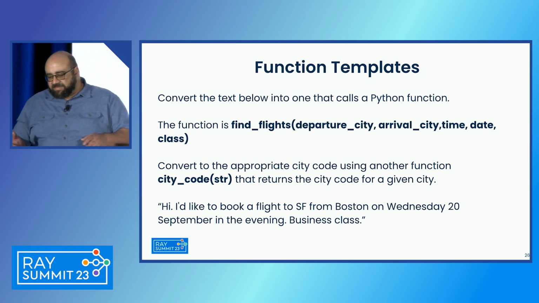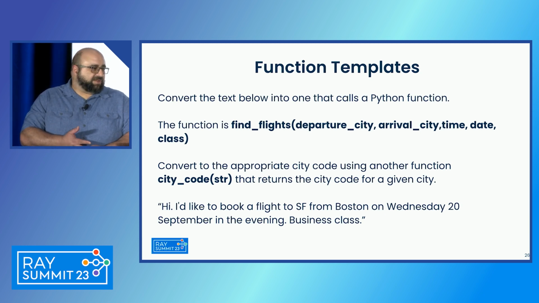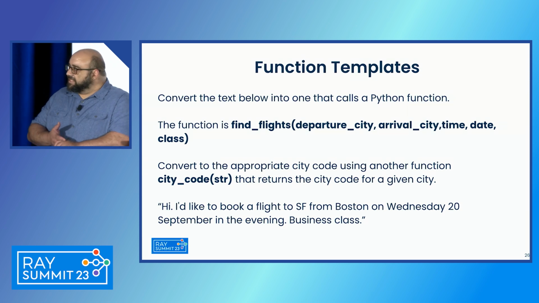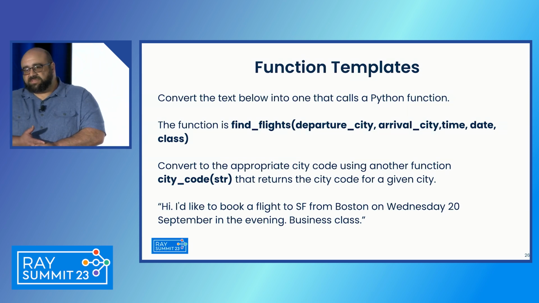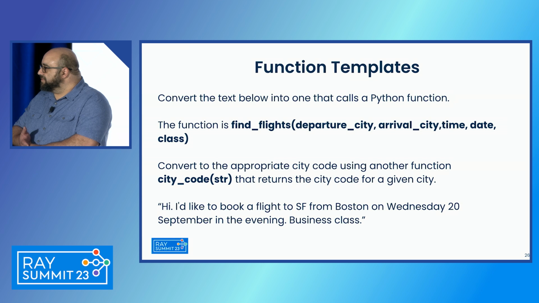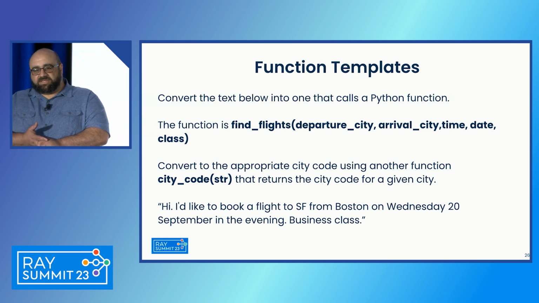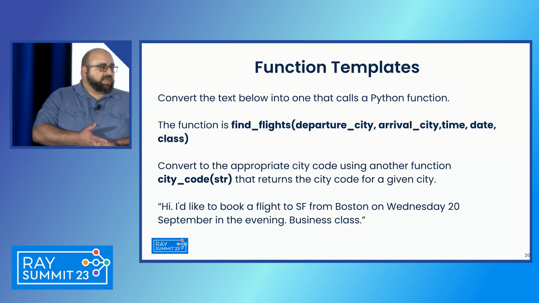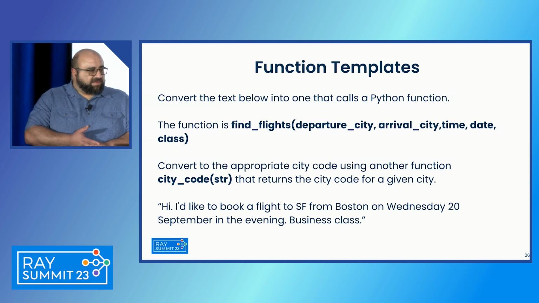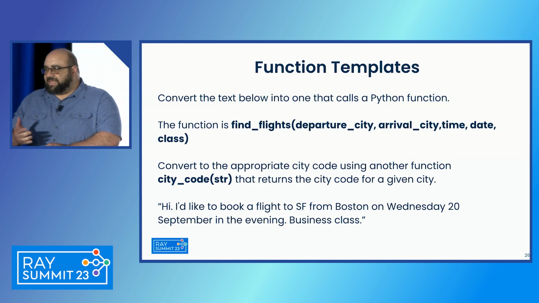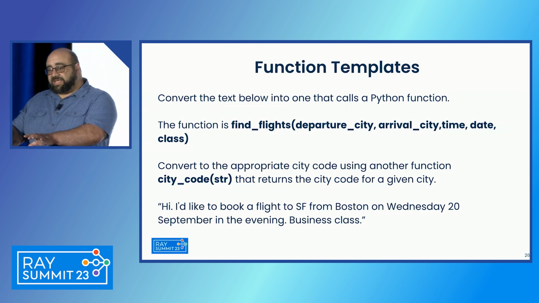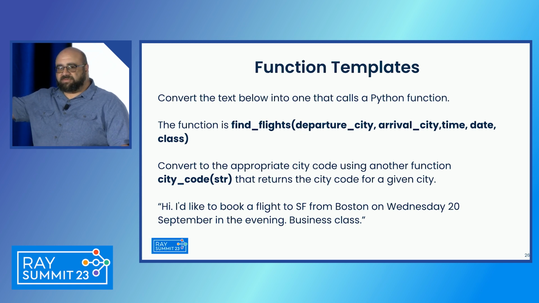So we've talked now about quality and instruction following. The last one is a feature that is present in proprietary LLMs that is not yet available in open source, and that is function templates. One of the engineers on our team, the person who built Anyscale Doctor, remember Anyscale Doctor from the first keynote?